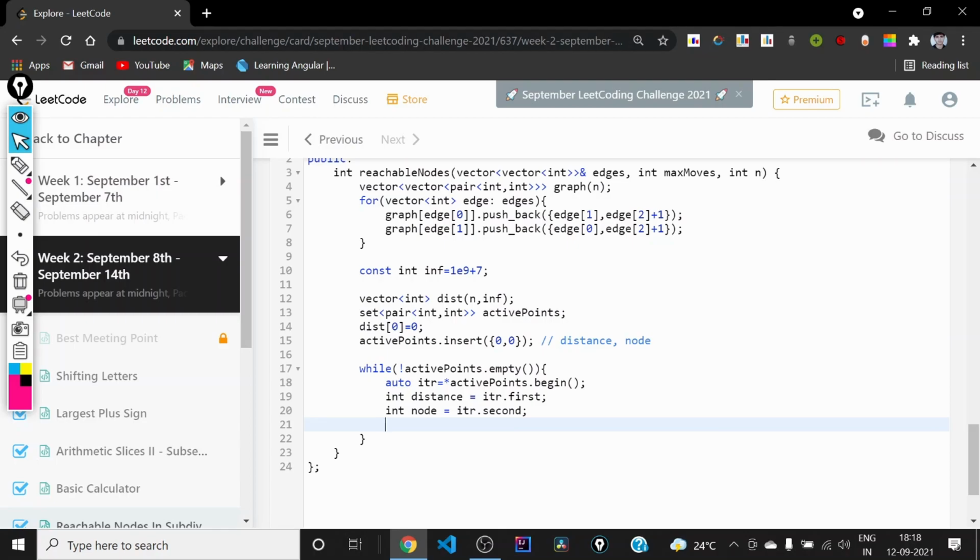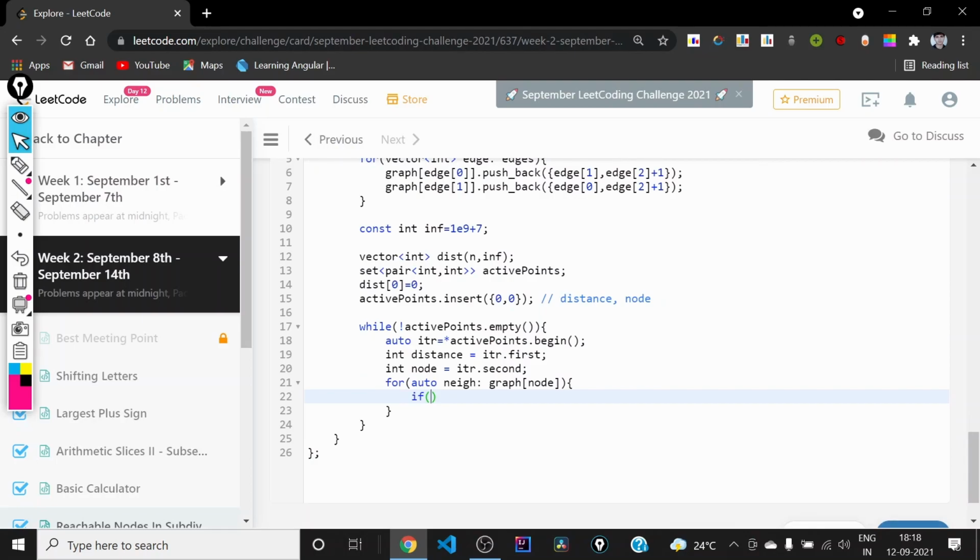Now we have got this. We will check whether all these adjacent points are getting updated or not, whether we are able to achieve a smaller distance for its neighboring points. So I'll be doing auto neigh, neighbor of this node. We'll be considering every neighbor of this node.